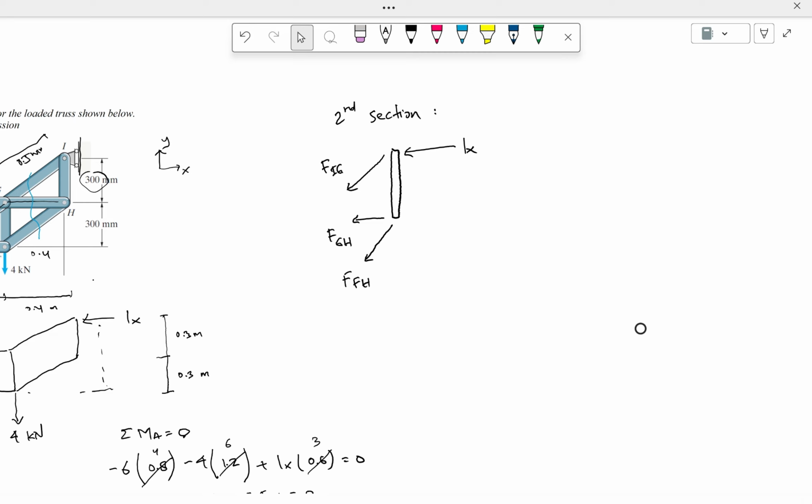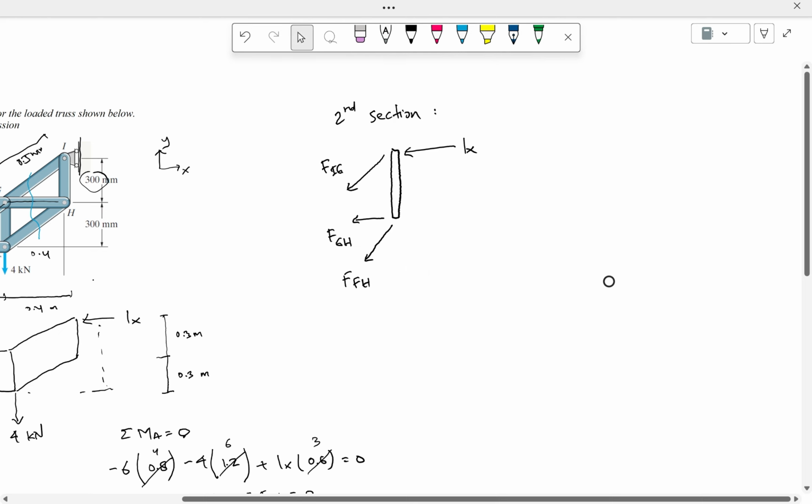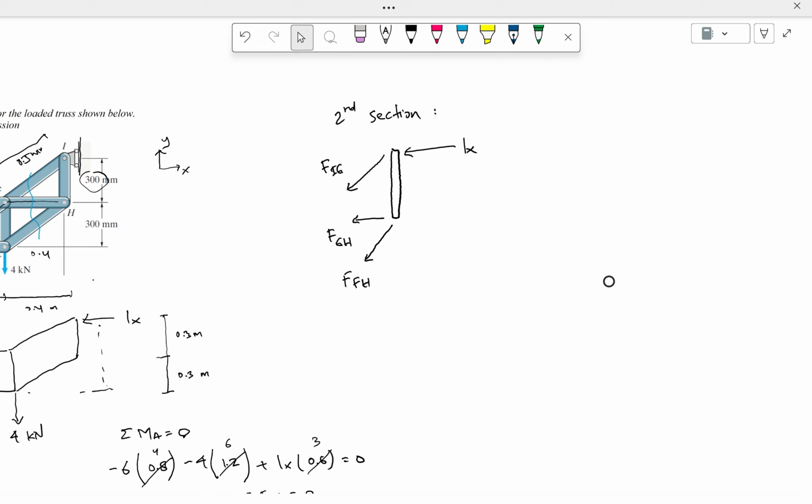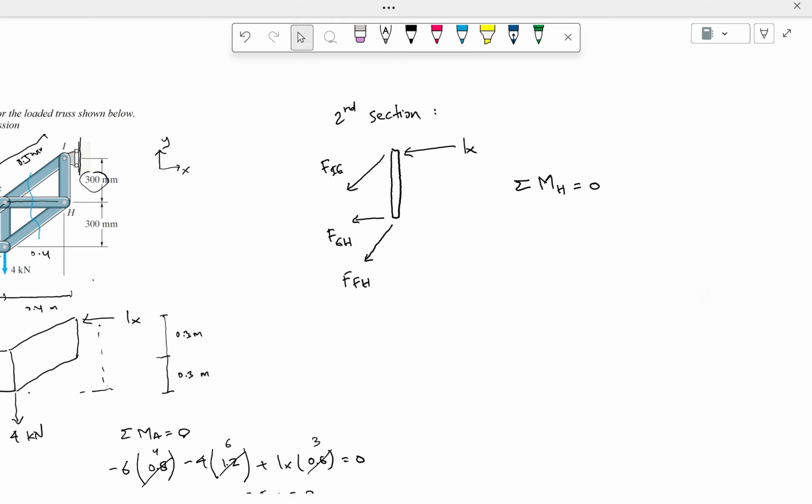So here, let's take moment at point H. Sigma M at point H equals 0.